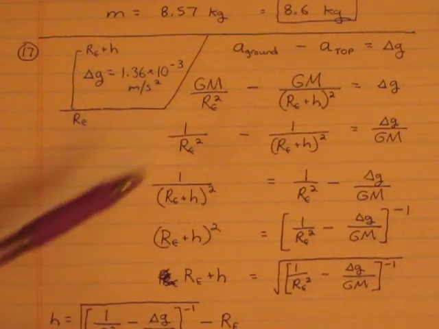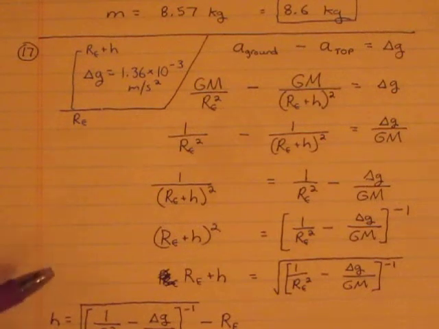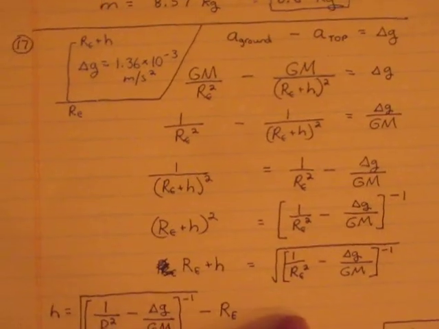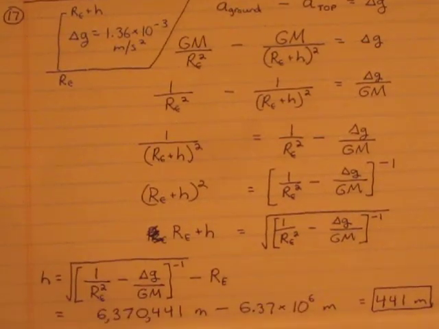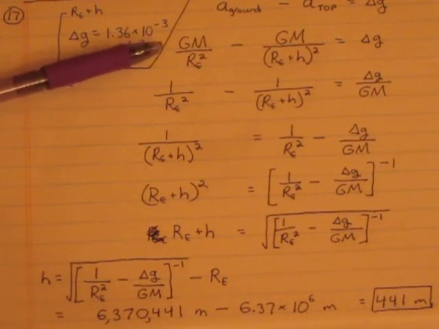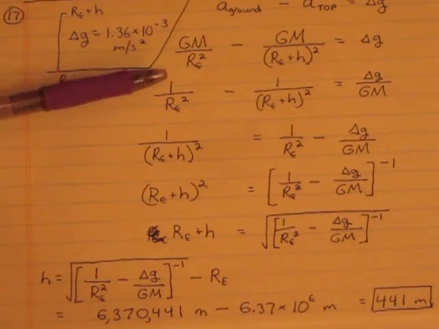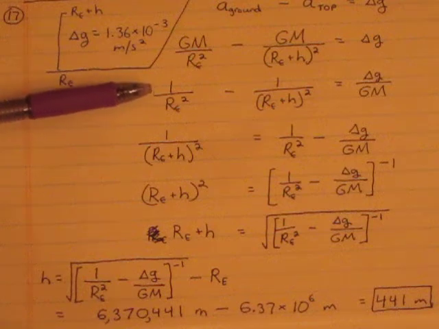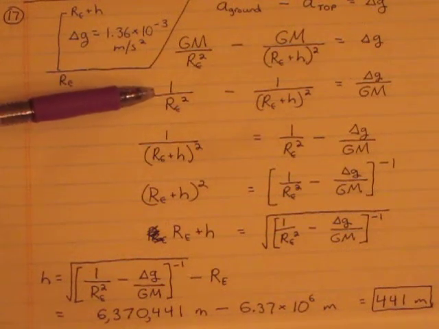We want to ultimately solve for h, and that'll take us a few steps. Let's do it. Here, what have I done? I've divided the entire equation by GM, and keep in mind, my whole point here is just to isolate h.